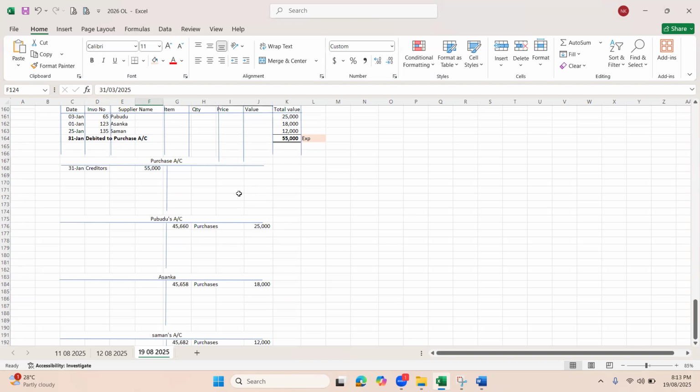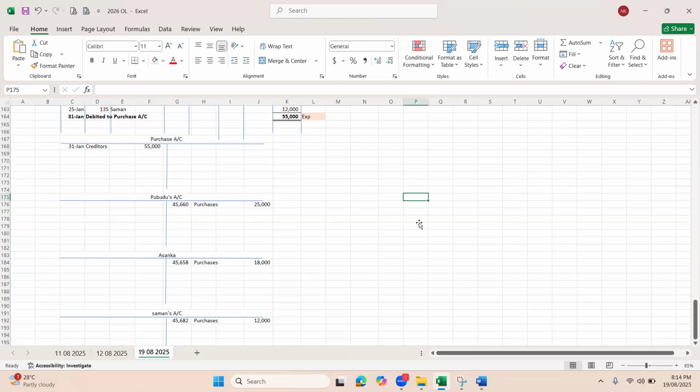Right. So here I must say that you can't mix these journals and write the transaction. If it's a sales journal, you will write only the credit sales of inventory items. If it's a purchase journal, you will write only the credit purchase of inventory items.